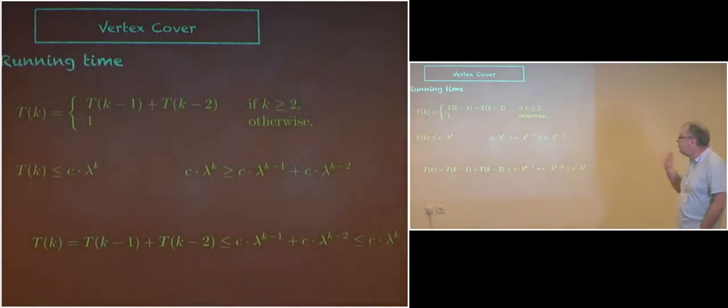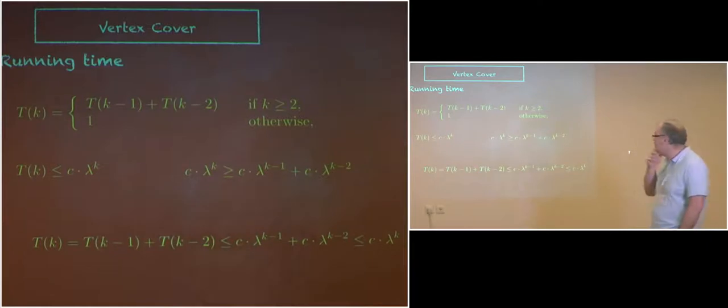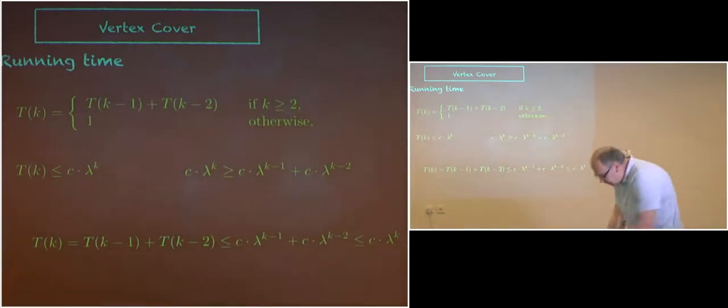Okay, so what is the running time of this algorithm? If I try to upper bound the running time of my algorithm by some function t of k, the function of the parameter, how does this function behave?